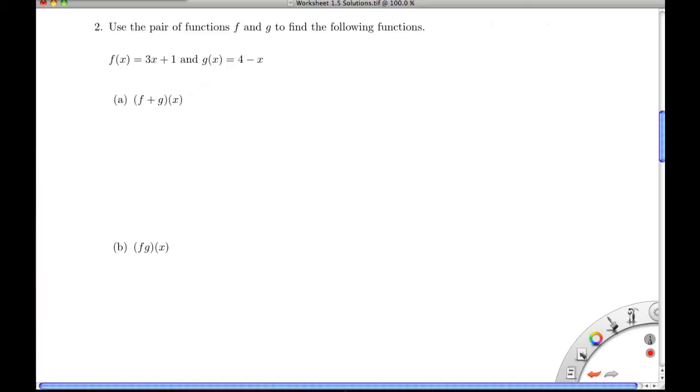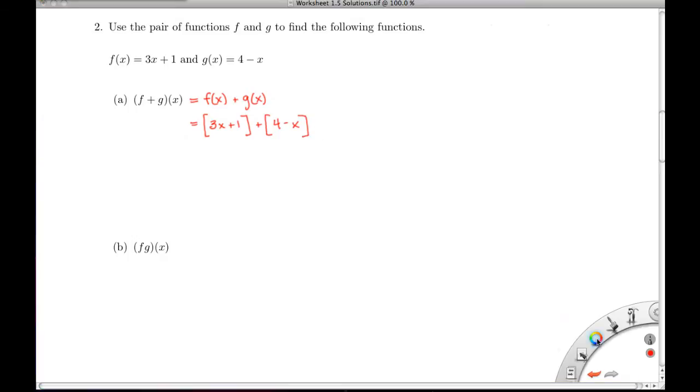There's no specified value that we need to worry about, so we could think of this as finding f of x plus g of x. We've got f and g both defined, so all we need to do now is write these, and I'm going to put them in brackets for now. We've got 3x plus 1 for f, and to that we're going to add g of x, which is 4 minus x.